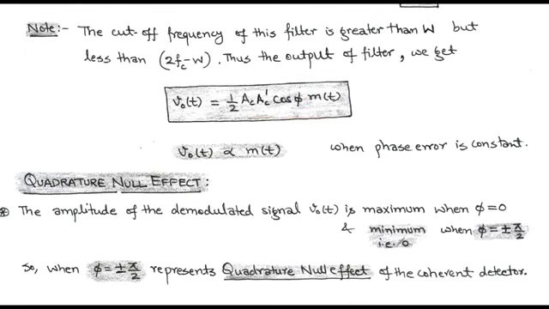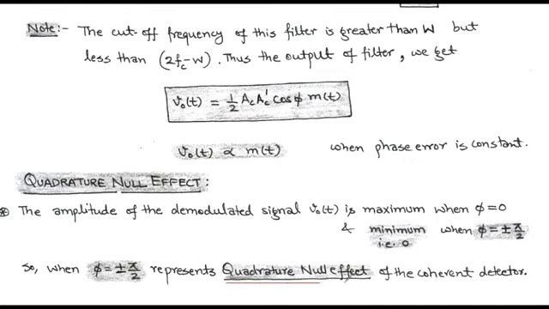While when phase phi is equal to plus minus pi by 2, we get a minimum amplitude, that is 0. So we can say that at quadrature, that is at plus minus pi by 2, we get 0 output.